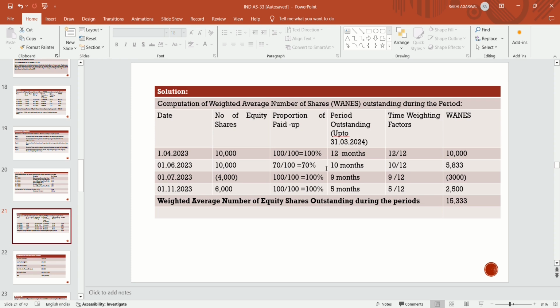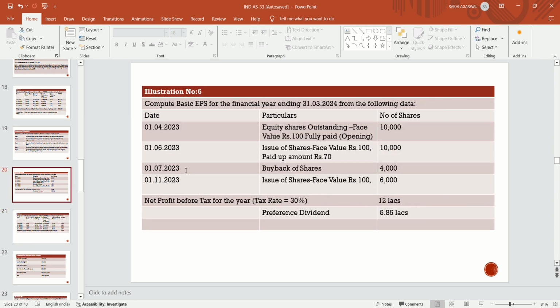So it becomes 7,000 shares which are fully paid equivalent. These 7,000 shares were issued on 1st June 2023, so they will be outstanding for a period of 10 months. The time weighing factor is 10 divided by 12. So it becomes 5,833.